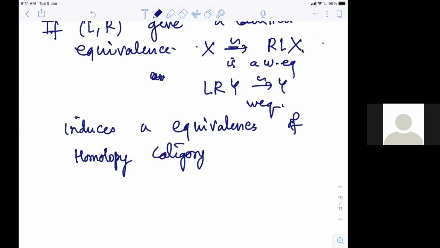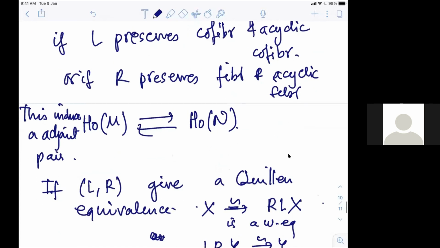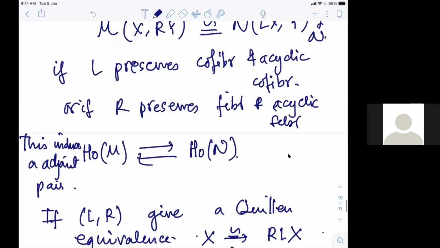Can Akshadweep tell me which example he was talking about? Is he still here? Akashdeep, sorry, I read it wrong. I think he was talking about the one where you gave the second model structure on the topological spaces.